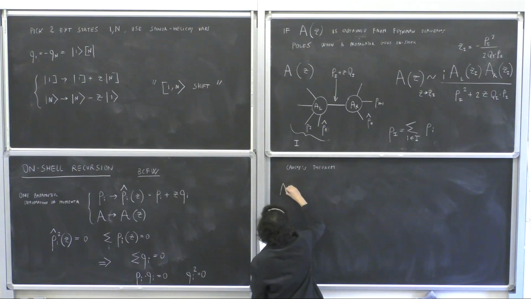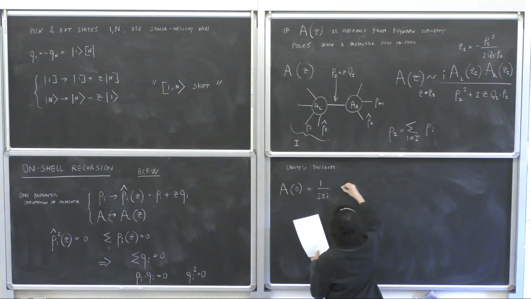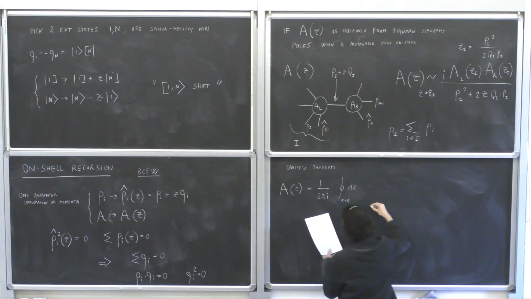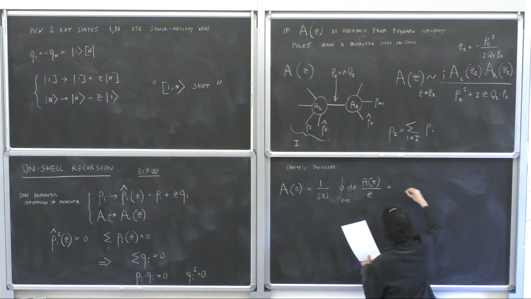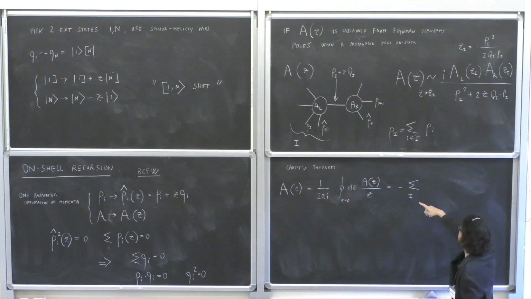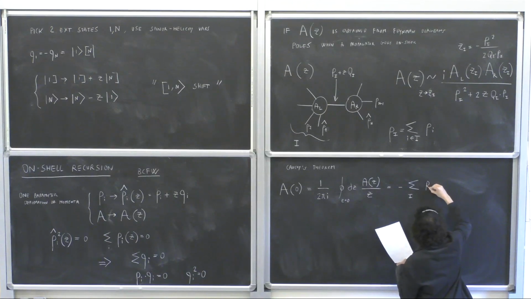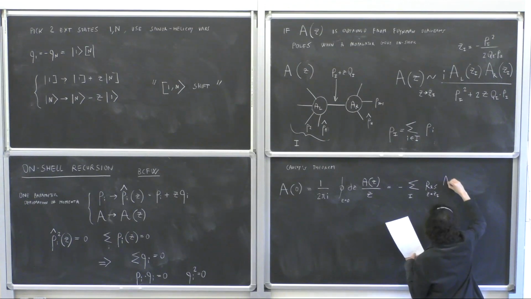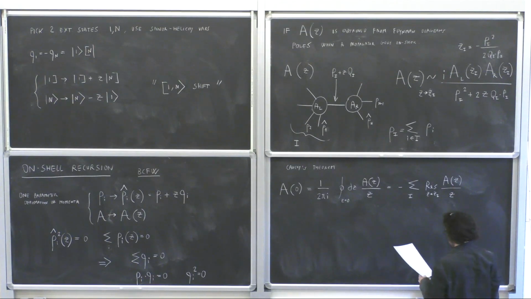And I express the amplitude I want, A of 0, as the integral on a circle around the complex parameter being equal to 0 of A of Z divided by Z. And then, deforming this, I express this as a summation over all, and this is a very shorthand notation to say it depends on all possible sets I such that a propagator can go on shell, and then it's going to be a sum of the residues at the complex parameter having the Zi value, and here I have this particular combination, which also, of course, has a 1 over Z value.